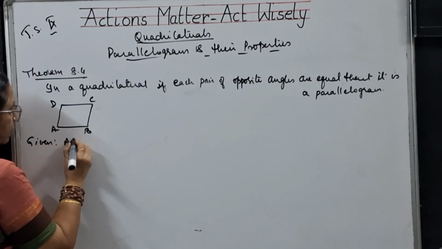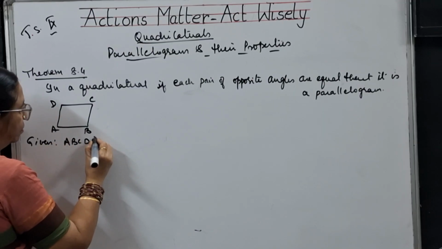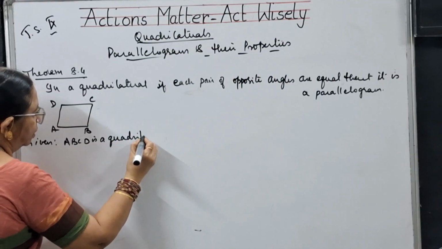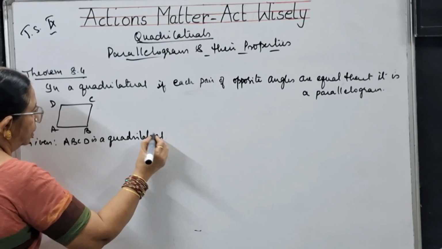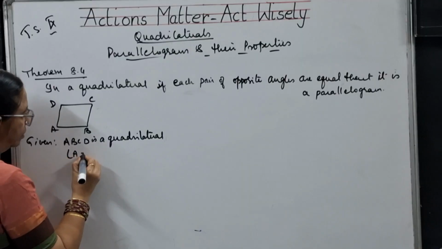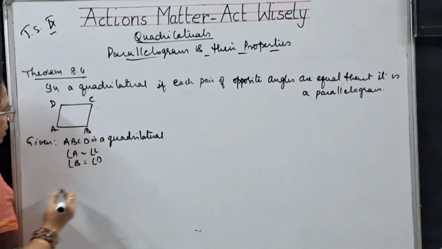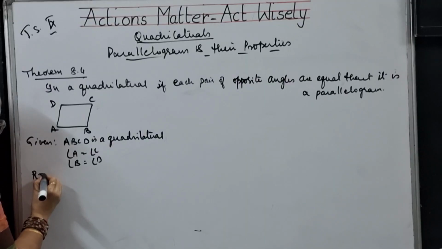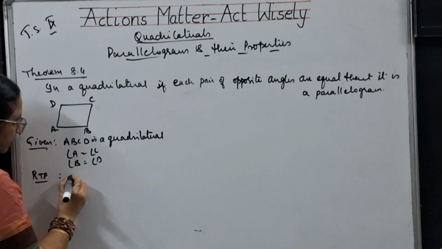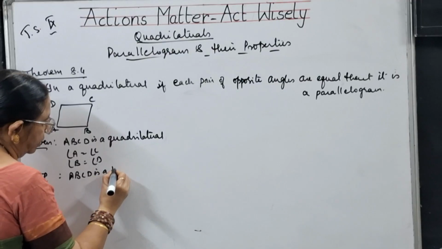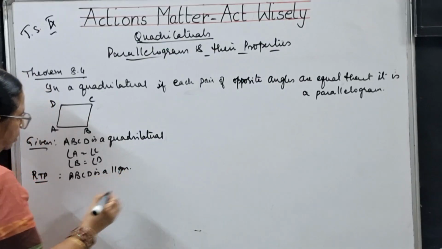We have got ABCD is a quadrilateral and angle A is equal to angle C, angle B is equal to angle D. Now what is RTP? We need to prove that ABCD is a parallelogram.